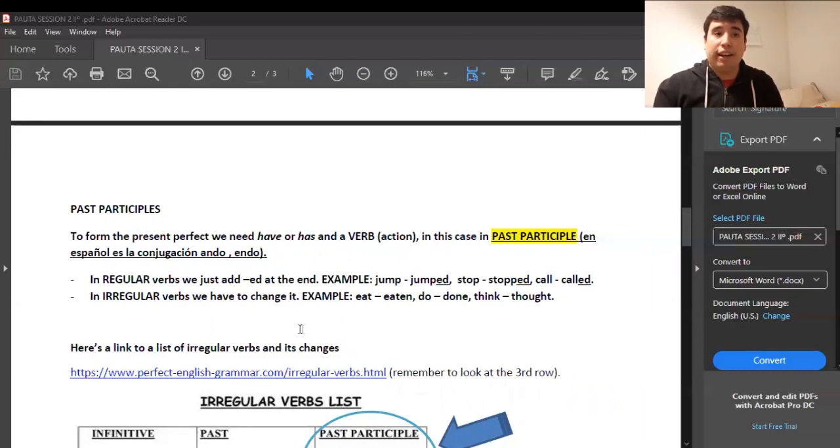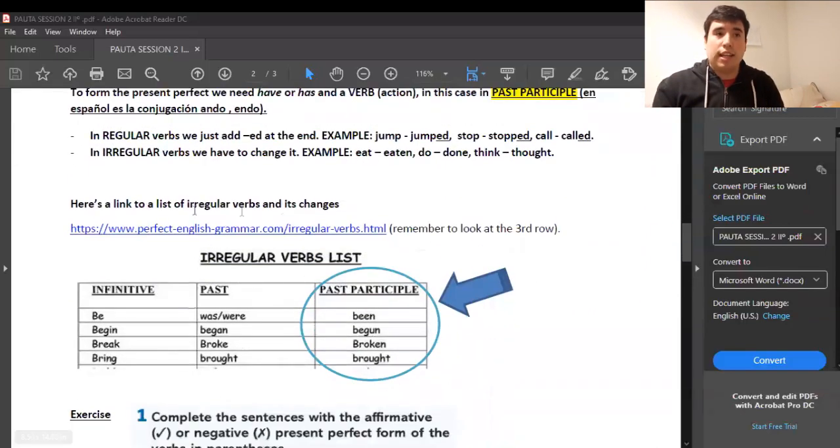Now, for irregular verbs, these verbs do not follow a pattern, okay? So, to know the past participle form, we need to look them up in the list of irregular verbs, okay? This is the list of irregular verbs. And the past participle form is the last column of our list, okay?